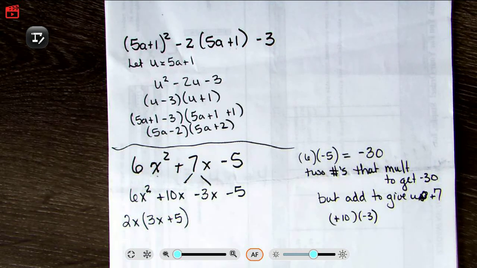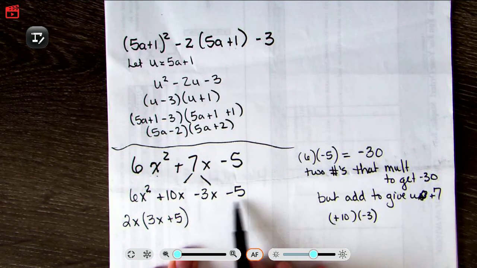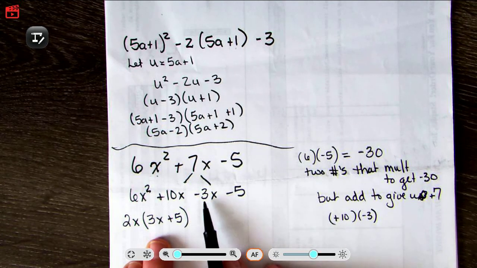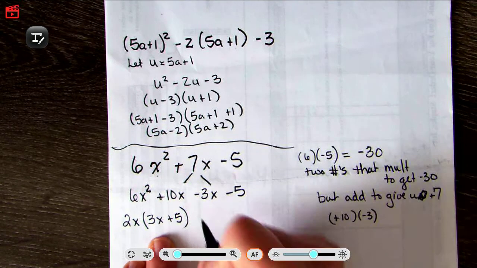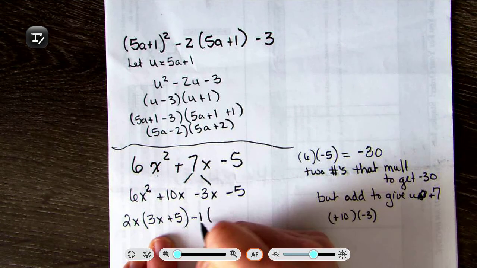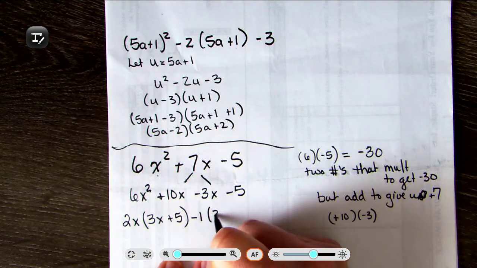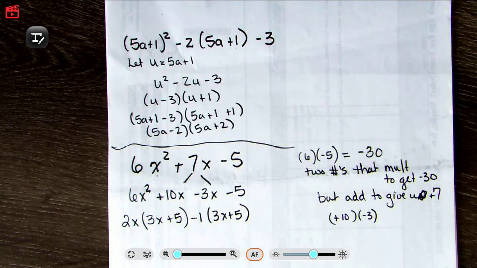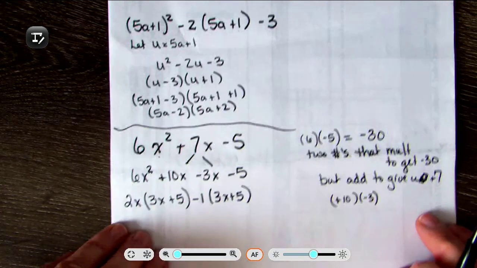Now for factor by grouping to work, I need this 3x plus 5 to show up again. You can see it's almost there, but I need to pull out the negative 1. I'm going to write the negative 1 just for emphasis. You could just write the negative there. Whatever is more convenient for you, whatever makes more sense.